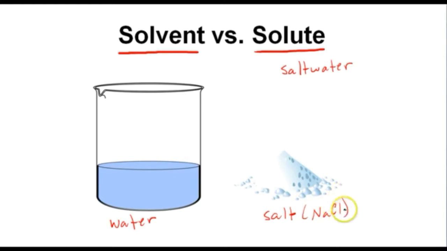Again, the solute is the smaller component, whereas the solvent constitutes the larger component. Later on, we're going to mix salt with water and we'll have the salt water solution.